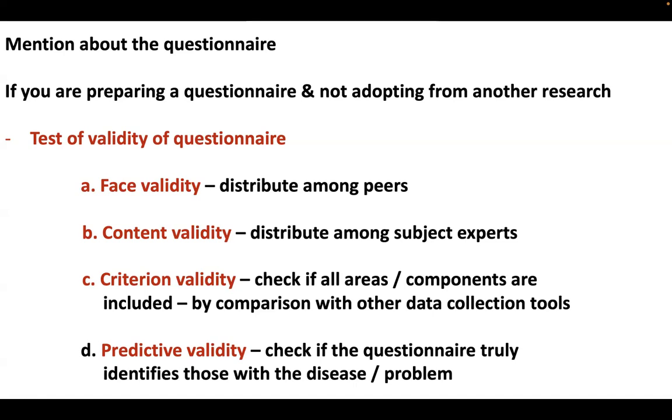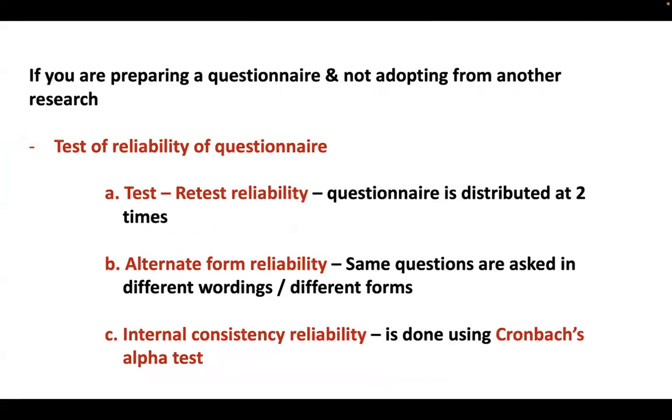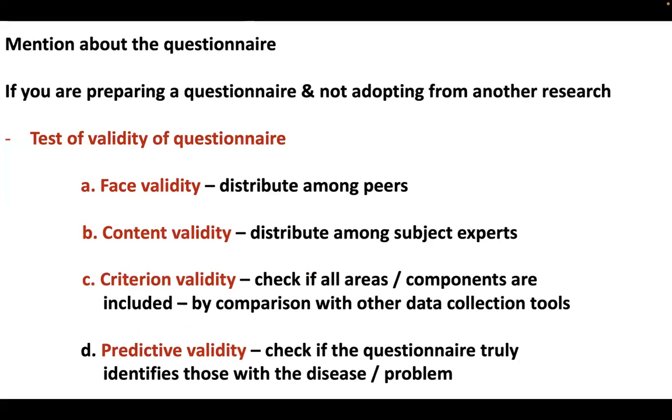If students are doing research, they prepare a questionnaire by themselves. After they prepare it, they distribute the questionnaire among peers. Then they check: the first question has a grammar mistake, so they correct it. Second question, the meaning is entirely different, so they correct the wording so that the meaning is correct. Understood? Then third question, okay, very good.